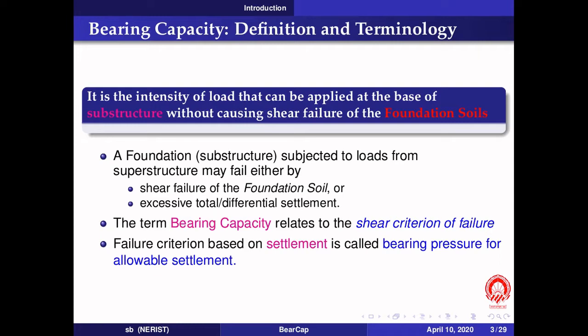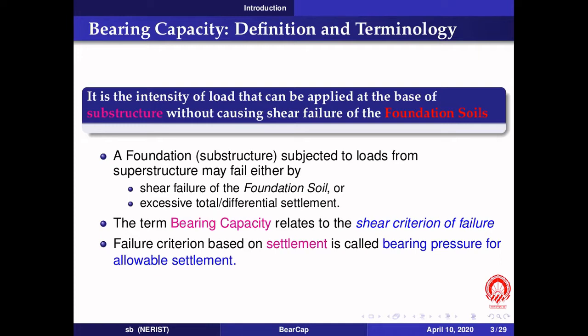And therefore when we talk of the bearing capacity, that means the capacity of the soil to bear certain load from the superstructure, ensuring that there is no shear failure of the foundation soil, that means the soil nearby the substructure or the footing, and also that the structure does not suffer any excessive settlement.